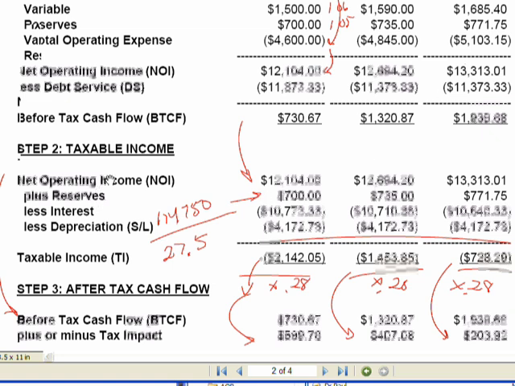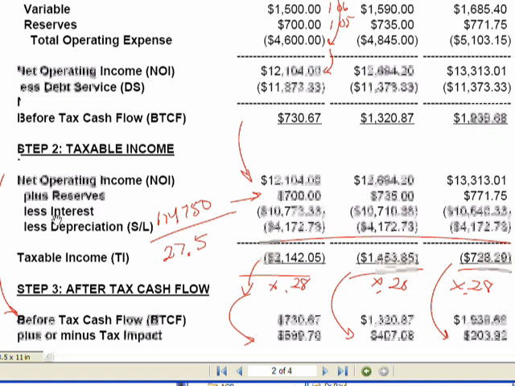Now, we have to make a few adjustments to net operating income. One is not good, okay? Adding back the reserves increases our taxable income. But two are potential tax benefits, and that's decreasing our taxable income by the interest that we paid on our mortgage, less interest. And here's pure tax shelter, because we actually paid interest to a lender.